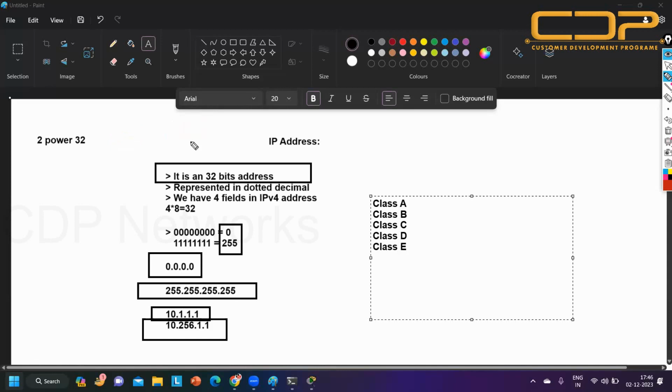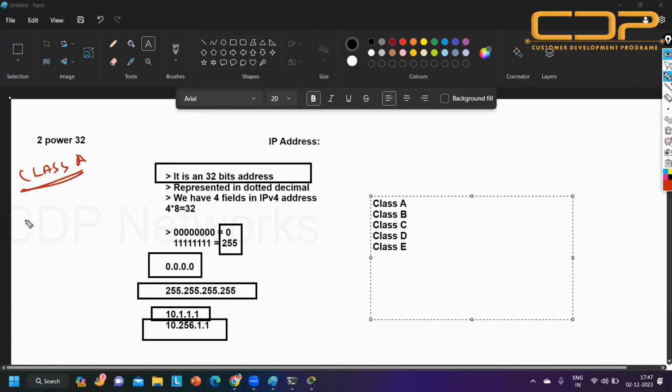To define a range for each class, we reserve some bits. For class A, how many bits do we have in the first octet? 8 bits.